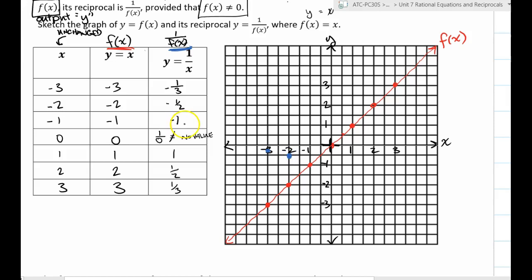Then I've got -1. And I have no value here, and over here I'm going to go +1/2, 1/3.